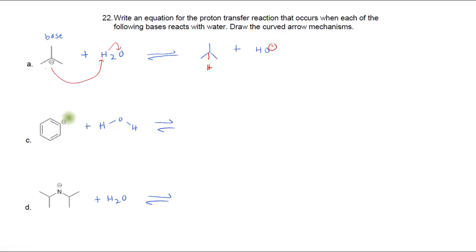In C, we have the same arrow drawing. The electrons go on to the hydrogen. The electrons will fish for the hydrogen. Those electrons go on to there. So we get our hydrogen on the benzene ring, plus OH minus.